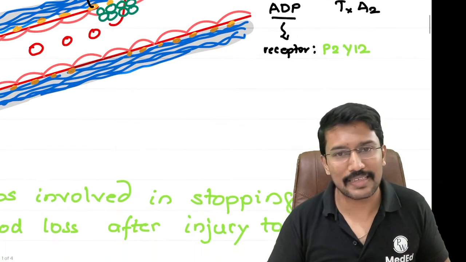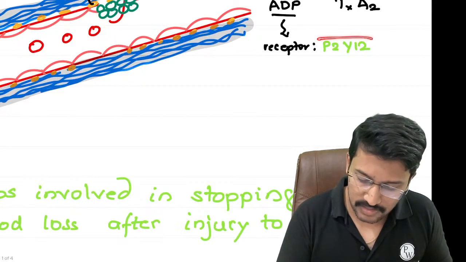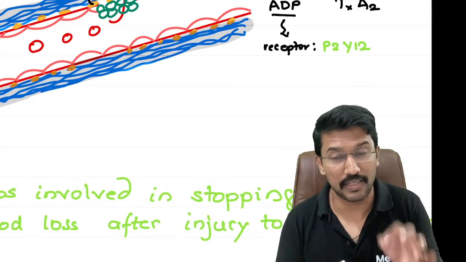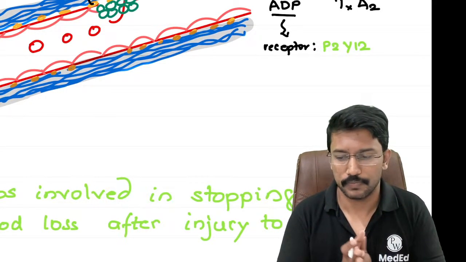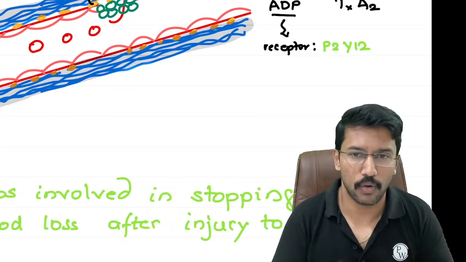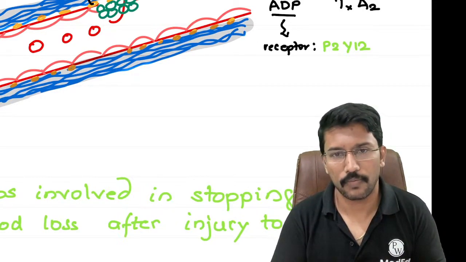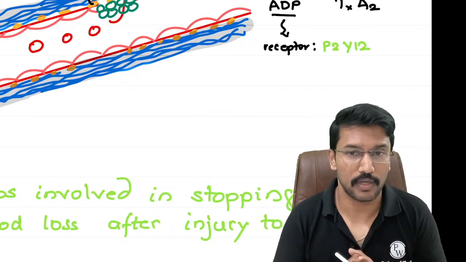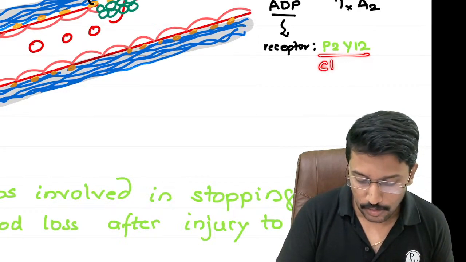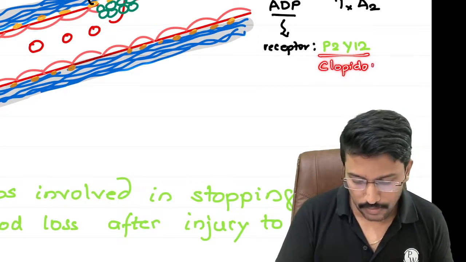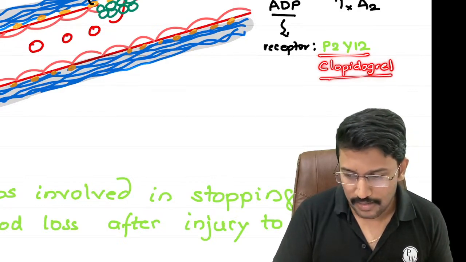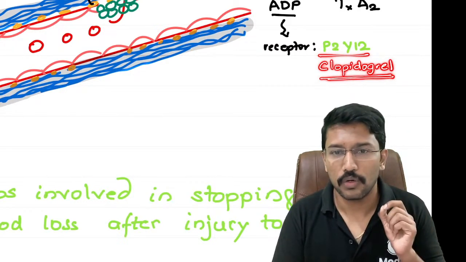Can anybody give me an example of a drug which blocks this P2Y12 and thus again becomes an antiplatelet agent? A P2Y12 blocker, right? You might have heard of drugs called clopidogrel and ticagrelor. These are blockers of P2Y12.